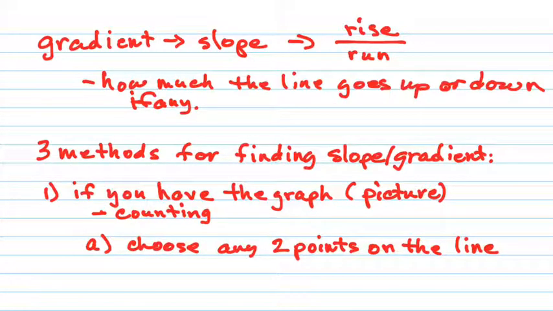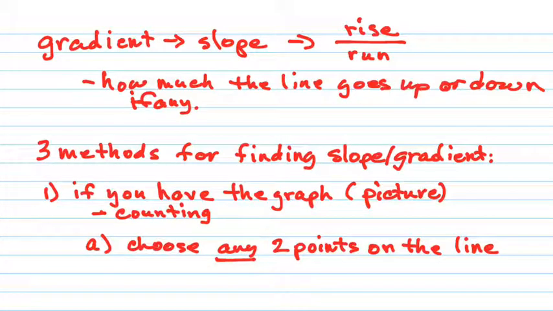Now, it doesn't matter where they are, how far apart they are, how close together they are, one above the other. It doesn't matter. Any points. Because if it's a straight line, the slope is the same along the entire line. Okay? So you can choose points from where?